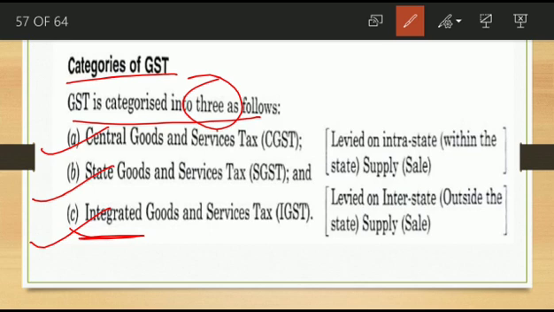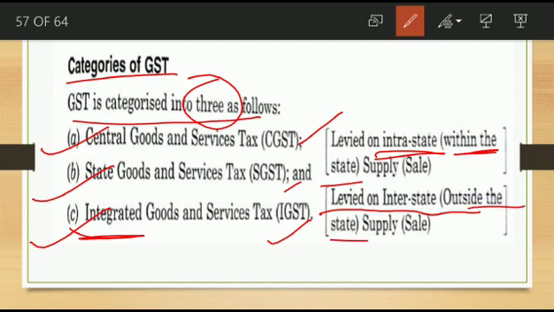Okay. So these two, which ones? CGST and SGST are levied on intrastate. Intrastate means within the state. Okay. Then IGST is levied on interstate. Interstate means between two states, outside the state, where the sale is conducted. That time IGST. Clear?